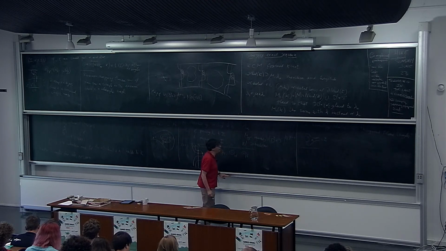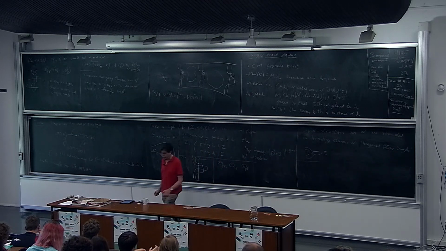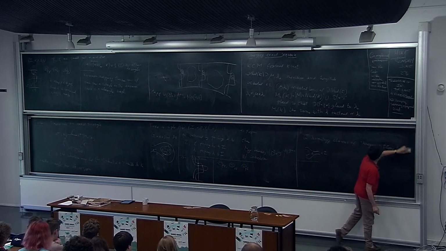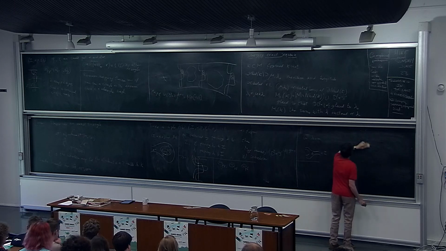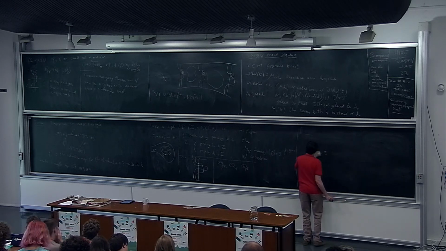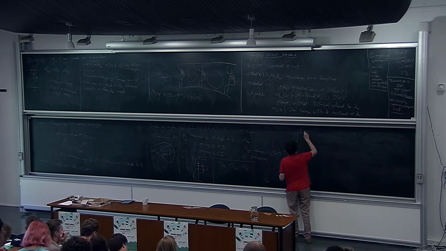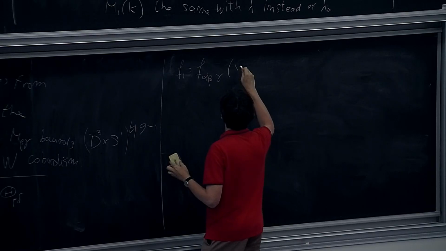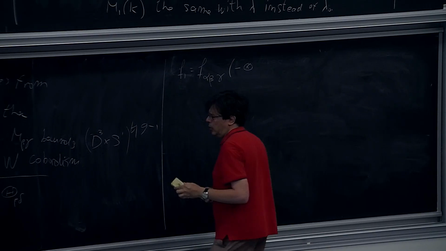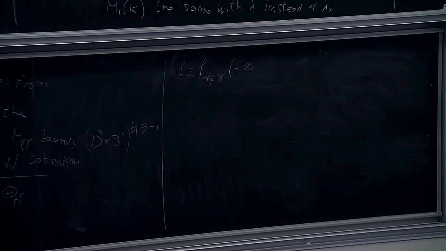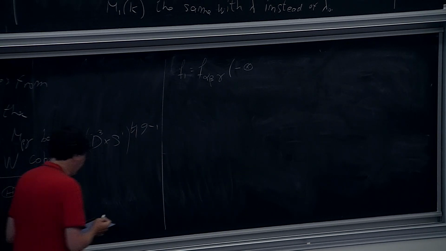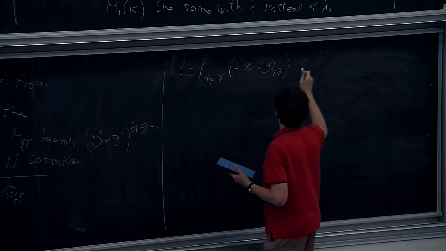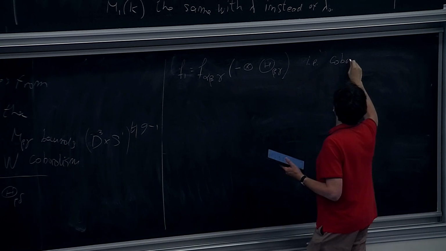And the three maps will be obtained by counting triangles, and I will tell you which triangles we count. So F1 will be F alpha beta gamma of some entry tensor theta beta gamma, i.e. the cobordism map.